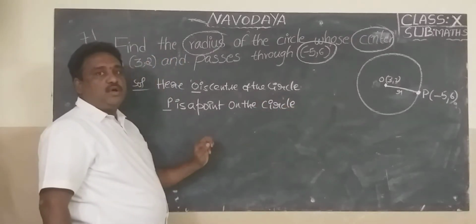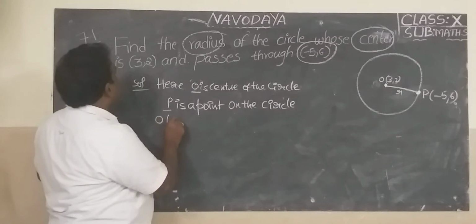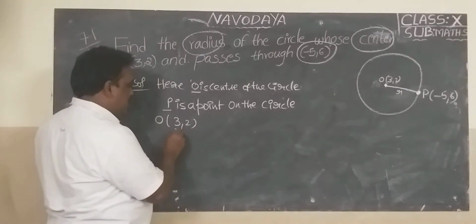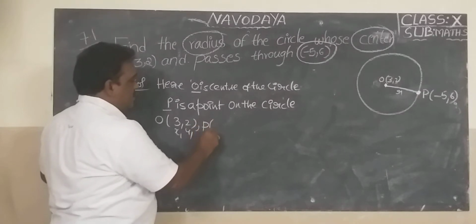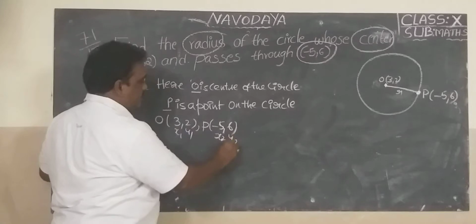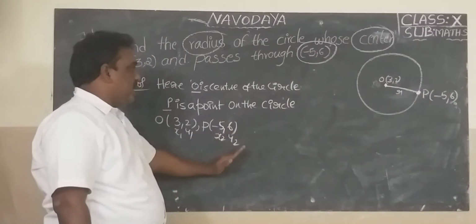So O is how much? O is (3, 2). Let it be (x1, y1). What is P? (-5, 6). Let it be (x2, y2). So take O as (x1, y1) and P as (x2, y2).